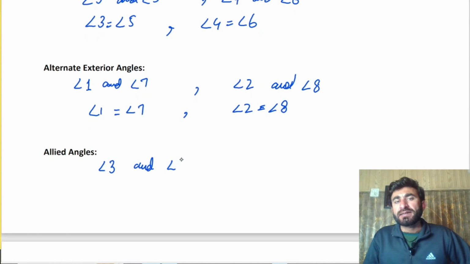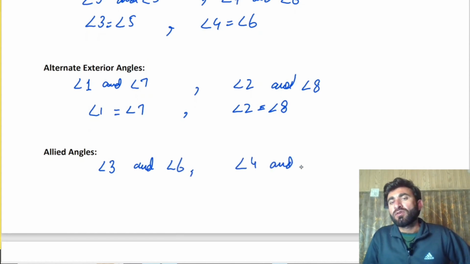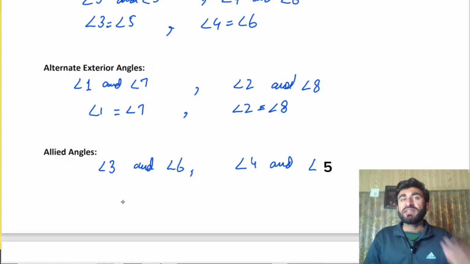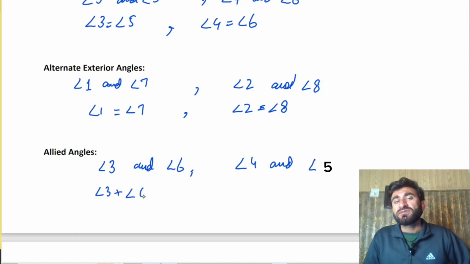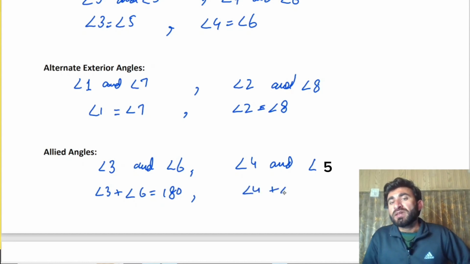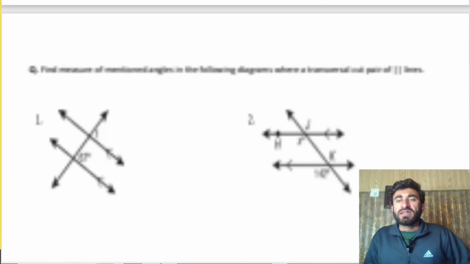And the most important thing is what is the relation between them? Angle 3 and angle 6 will sum up to 180, and similar is the case with the other pair. Angle 4 plus angle 5 will definitely be 180 degrees.